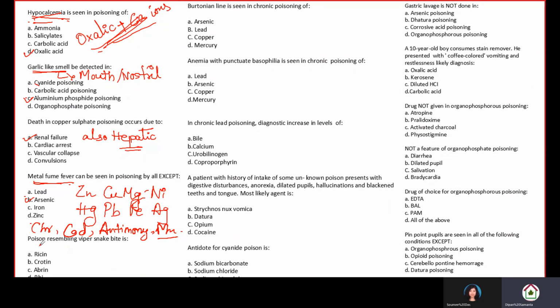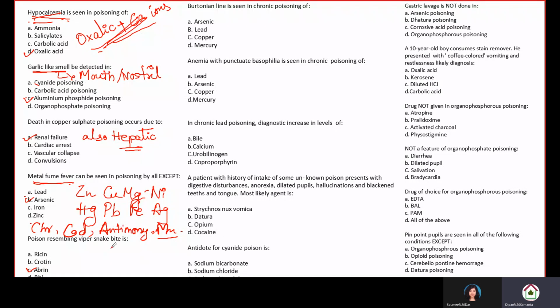Okay. Next, poison resembling viper snake bite is ricin, crotin, abrin, V. The answer will be abrin. The seeds of Abrus precatorius contain an active principle, abrin.